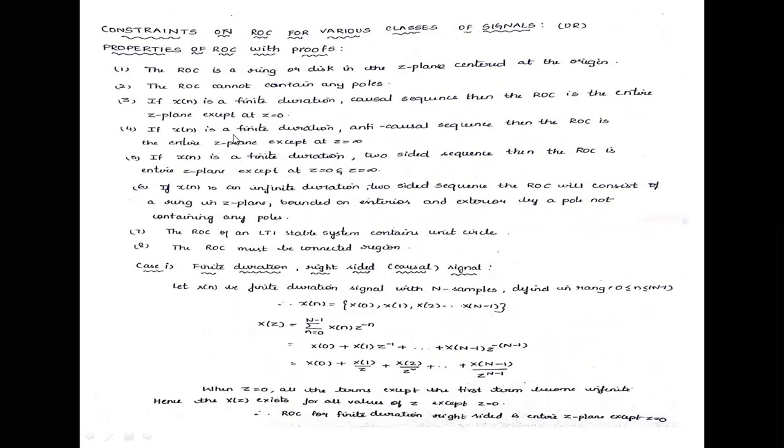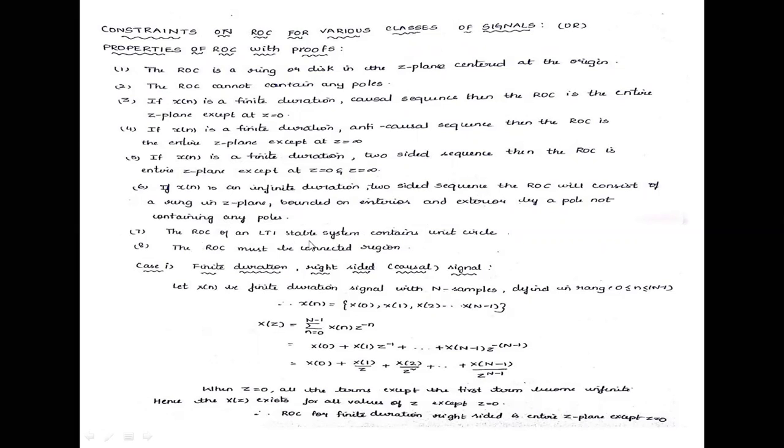The fourth point: for a finite-duration anti-causal sequence, the ROC is the entire z plane except z equal to infinity. For a two-sided finite duration, it is except z equal to 0 and z equal to infinity. The sixth point: if x(n) is an infinite-duration two-sided sequence, the ROC consists of a ring in the z plane bounded, interior by the anti-causal and exterior by the causal pole, not containing any poles. Got it, my dear students?